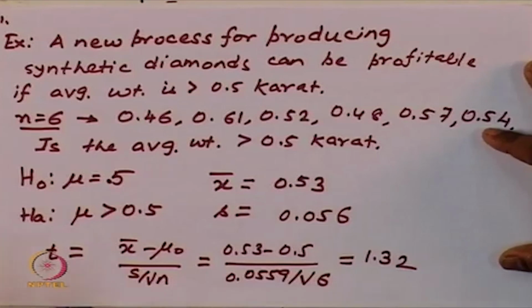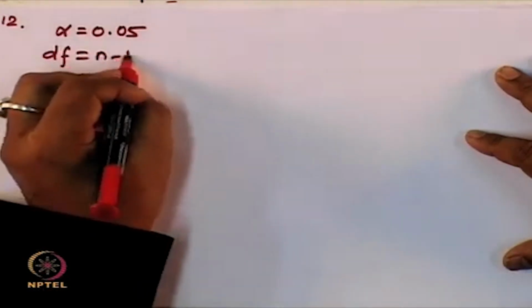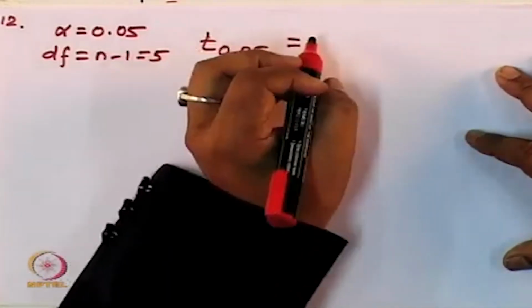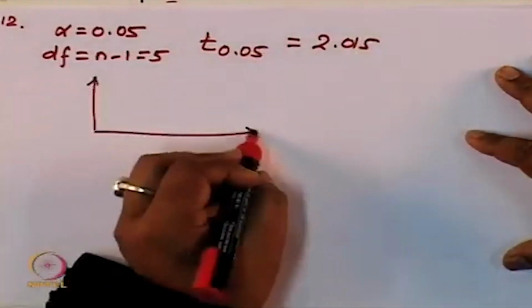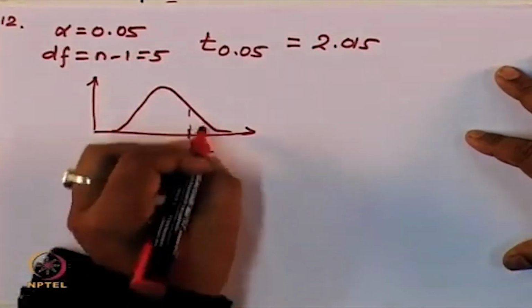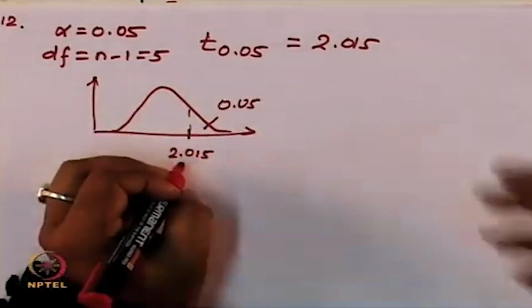Now, if I were to use alpha equal to 0.05, corresponding to df equal to n minus 1 equal to 5, I can look up the t table to find that t at 0.05 is 2.015. If I were to draw this, corresponding to this you have t as 2.015.